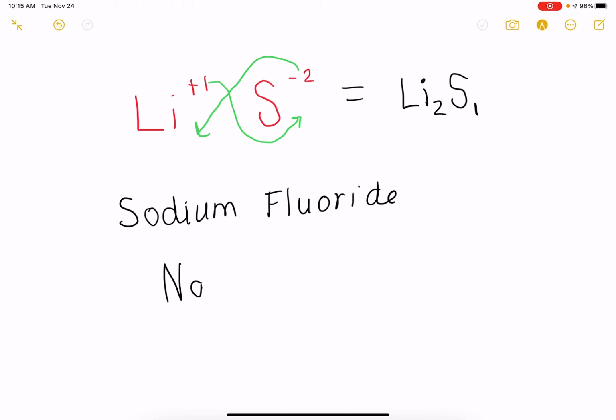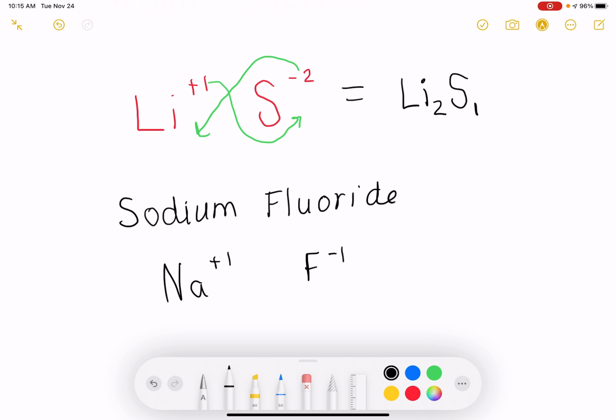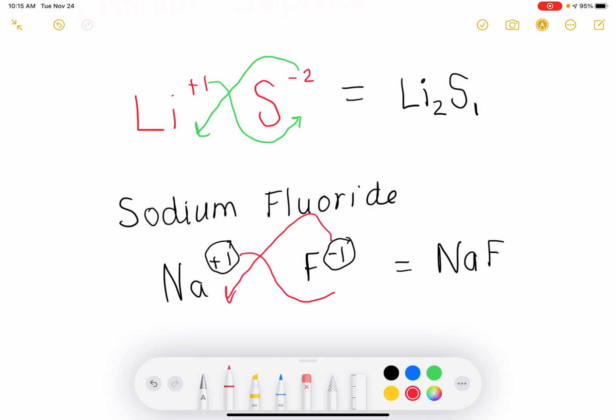So sodium with a +1, fluorine with a -1. So something here that's really important is that when your elements have that same charge, +1 and -1, they're actually already balanced. So we don't need to cross over. We just need to write NaF. Because if you crossed over, 1 would go there, 1 would go there. Well, it's already balanced.